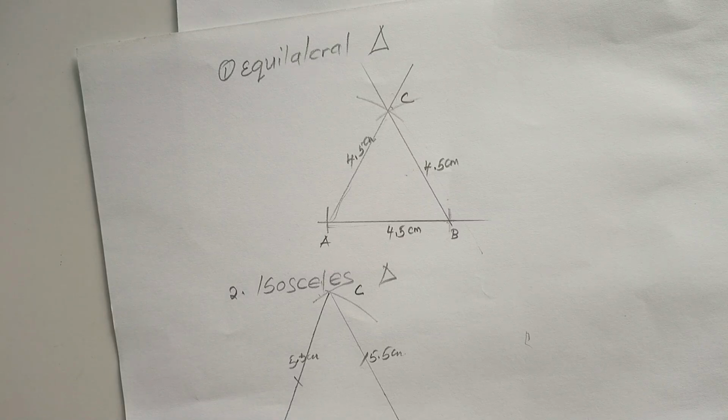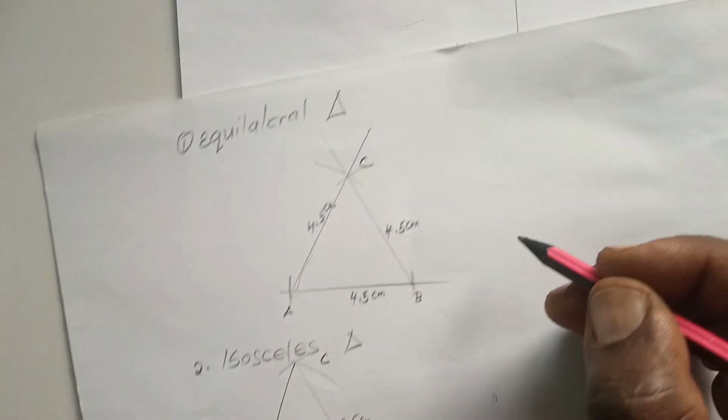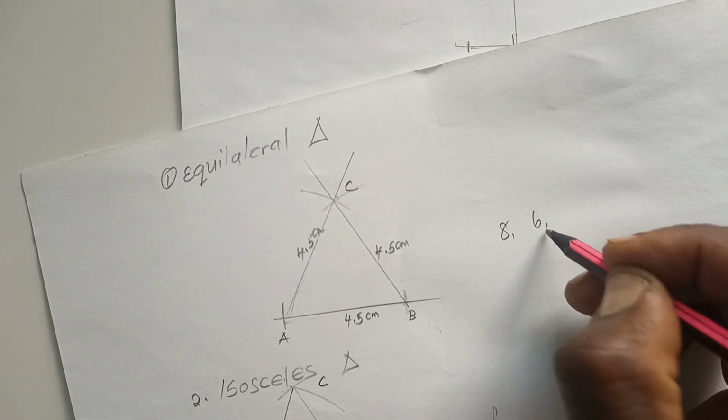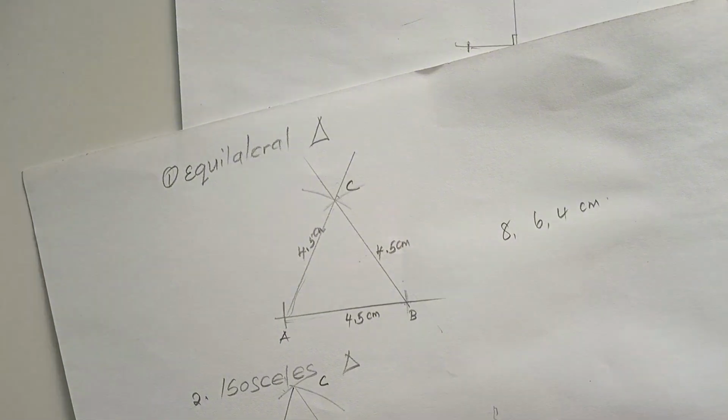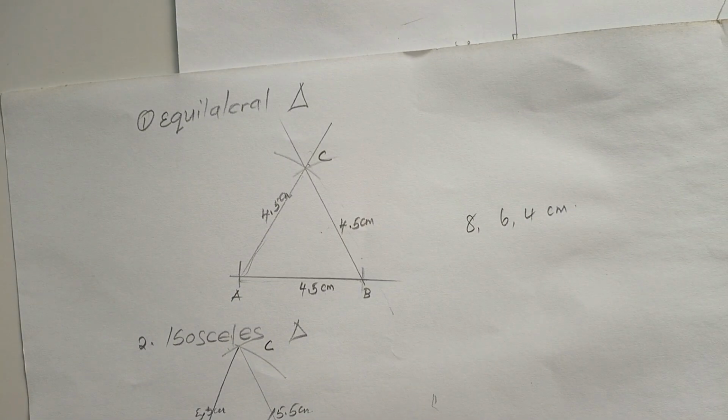Now, a scalene triangle is a triangle whose measurements are different. For example, one is 8, 6, and 4 centimeters. This is a scalene triangle.